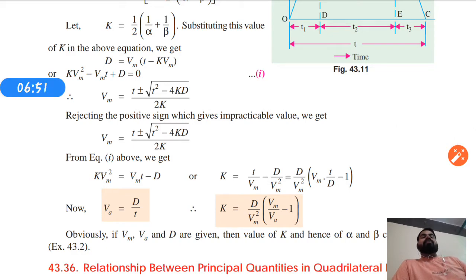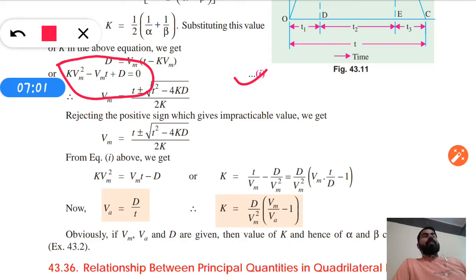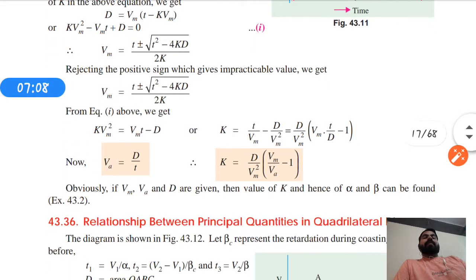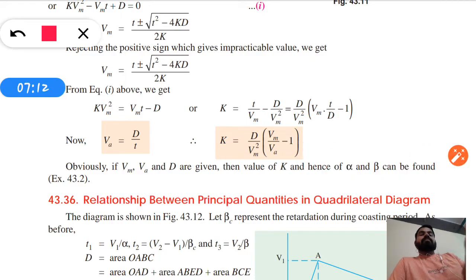So we will get the equation 1, which is very important: k Vm squared minus Vm t plus D equals 0, and we will get the value of Vm from here. So this is the value of Vm.